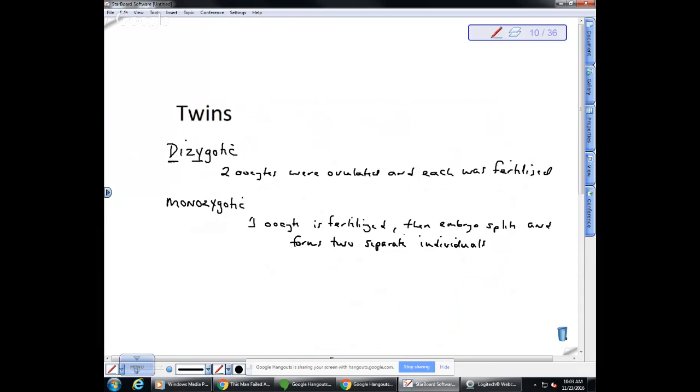Okay, so mono means one versus di, which means two. So which one of these would you say would be an example of identical twins? Monozygotic. So this is identical twins. So these would be called what? They're not identical, they're called fraternal twins.